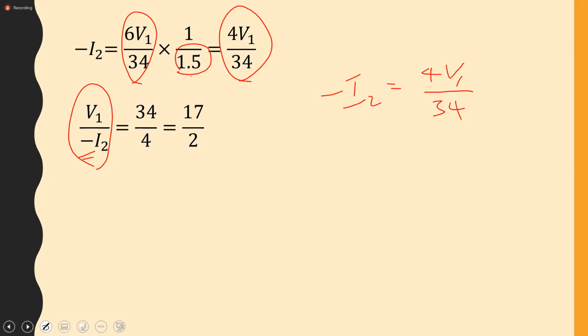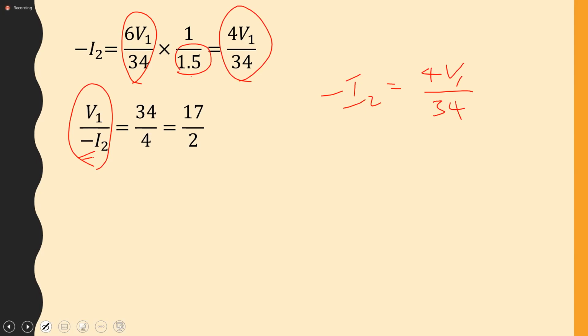In what direction would the current be flowing given that voltage? It'll be flowing from left to right. Okay, in what direction is I2 flowing? Right to left. Question answered then, eh? Not really, sir. We calculated I2, but I haven't seen you use any negative sign in the equation.